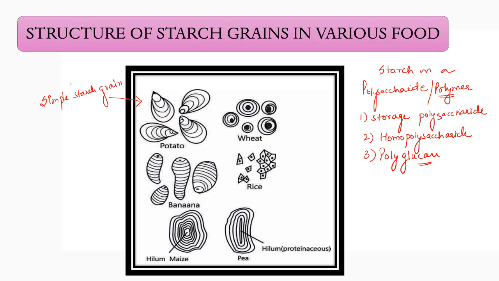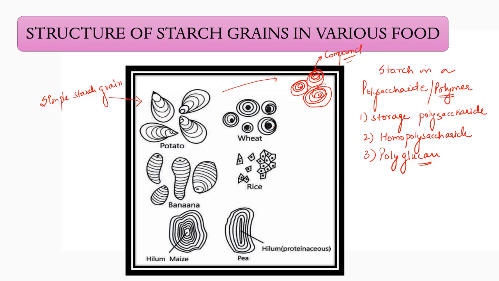When these simple grains join, they form a structure like this. So these are compound starch grains.